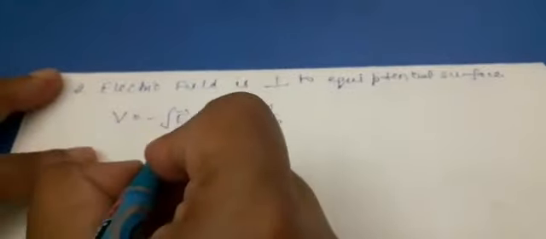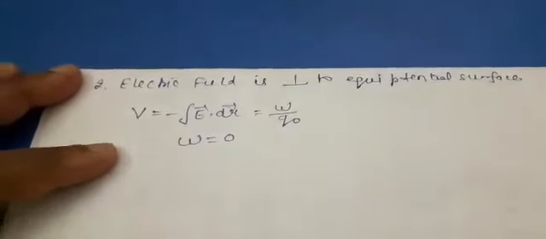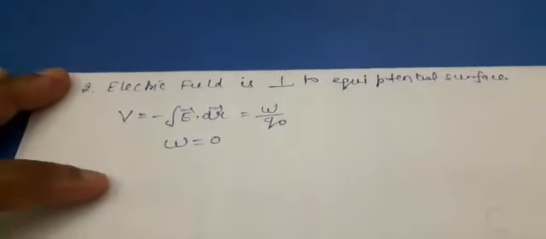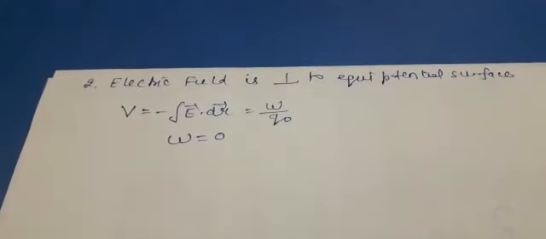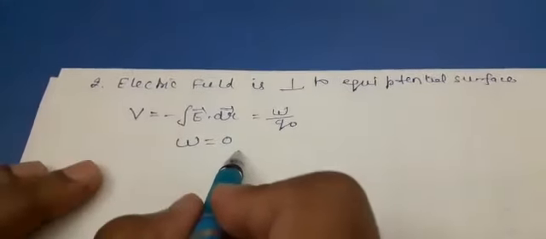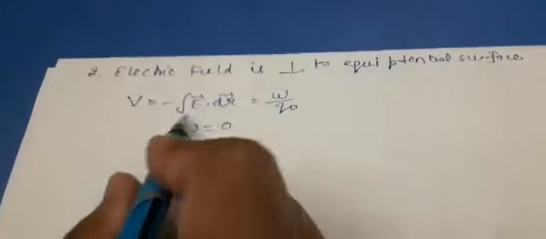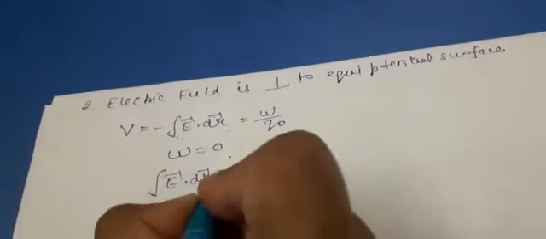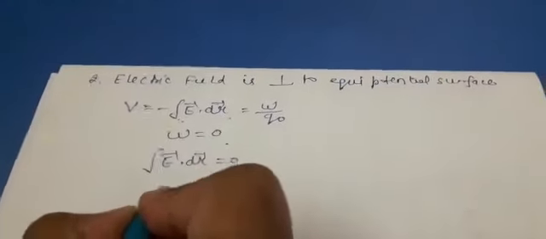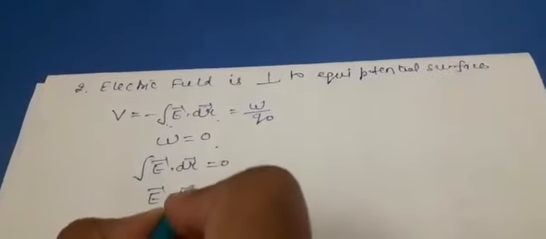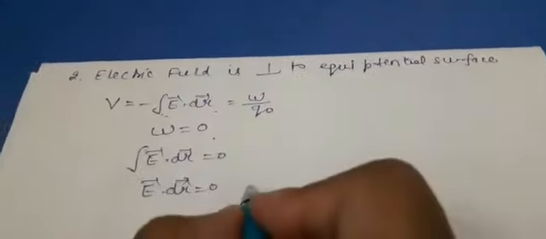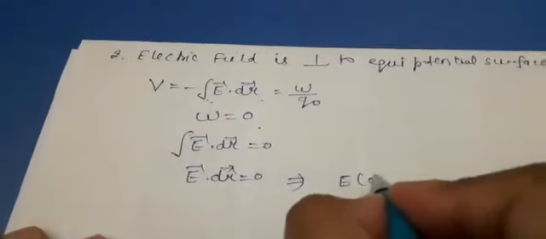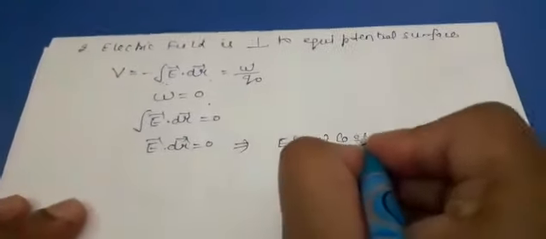As by the first property, no work is done in moving a charge from one point to another on an equipotential surface. So work done is 0. What does it mean? This factor will be 0. It means E dot dr will be 0. So E dr cos 90.